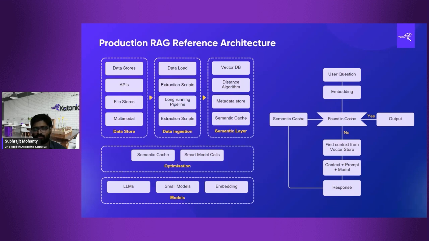Now let's walk through the query process. A user submits a question. The question is embedded to capture its semantic meaning. We first check the semantic cache for a quick response. If it's found in the cache, we immediately provide the output. If not found, we search the vector store for relevant context. This context combined with the original prompt is fed into our model.